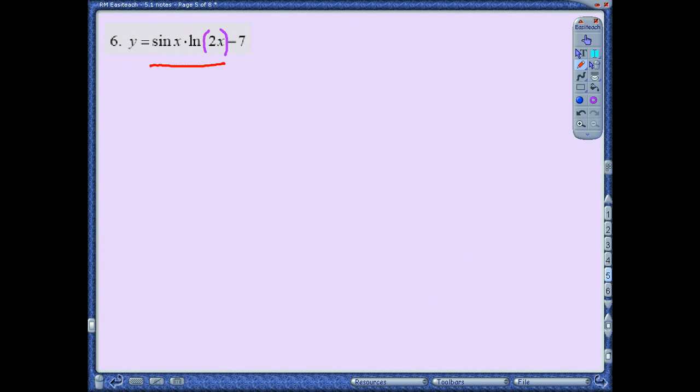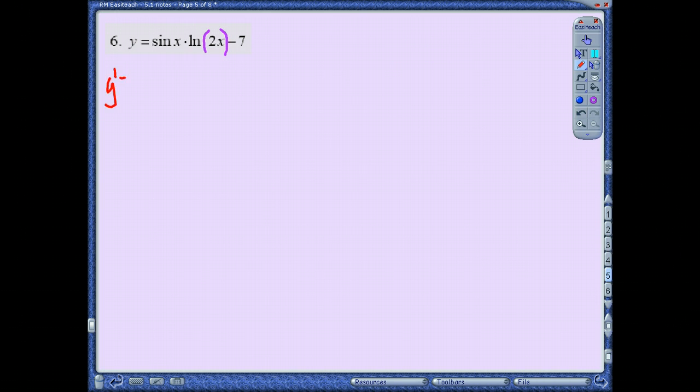So we are going to have to do the product rule. If we had something like the natural log of 2x times the sine of x, something like that, then we could split it apart and make this a little bit easier and avoid a product rule, but we don't have that. So we are going to have to deal with that product rule as we have it.